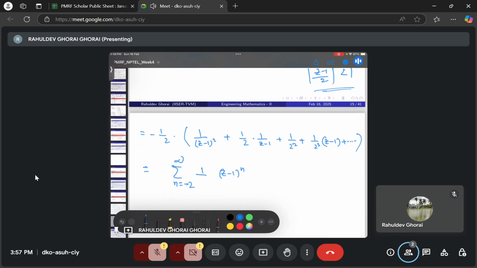It will be some 1 over 2 to the power, see, the first one is 2, the second one is 2 square, the third one is 2 to the power 3, and keep on going. The first one is 2, but it corresponds to n equal to minus 2. So this should be n plus 3. Will that work? So when it is n equal to minus 1, it should give 1 over 4. So that's all.